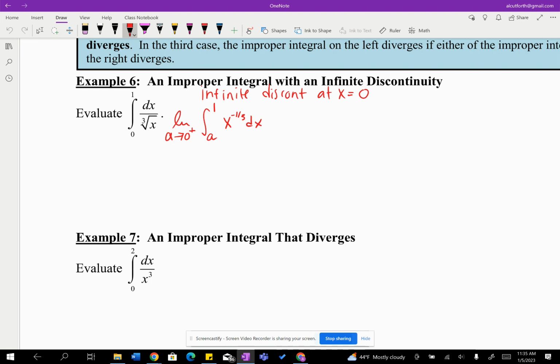So now we do what we usually do with definite integrals. We find the antiderivative. Don't forget to write down your limit. We're going to add 1, so we'll get x to the 2/3 times 3/2, and then evaluate from A to 1. Plug in 1.